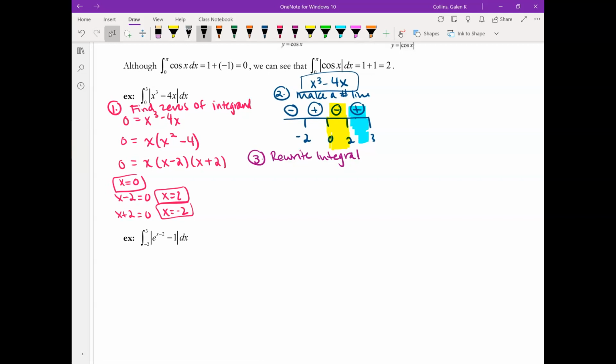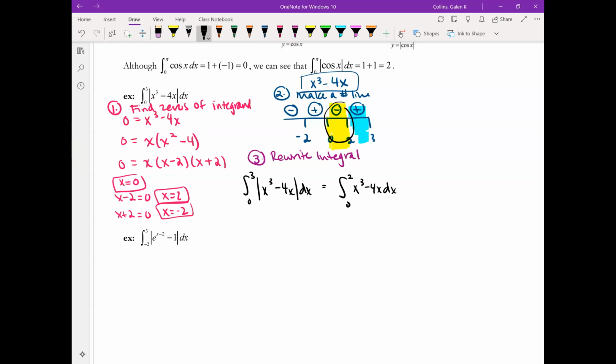Okay, so as I rewrite this, our original integral from 0 to 3 of the absolute value of x cubed minus 4x dx. I know that that graph is beneath the axis from 0 to 2. So I need to split this up, and from 0 to 2, I'm going to integrate x cubed minus 4x dx.